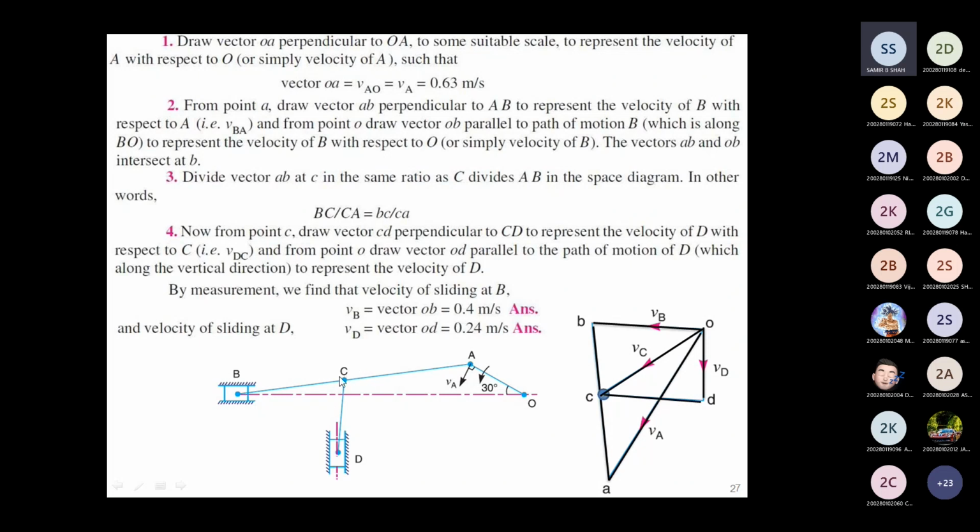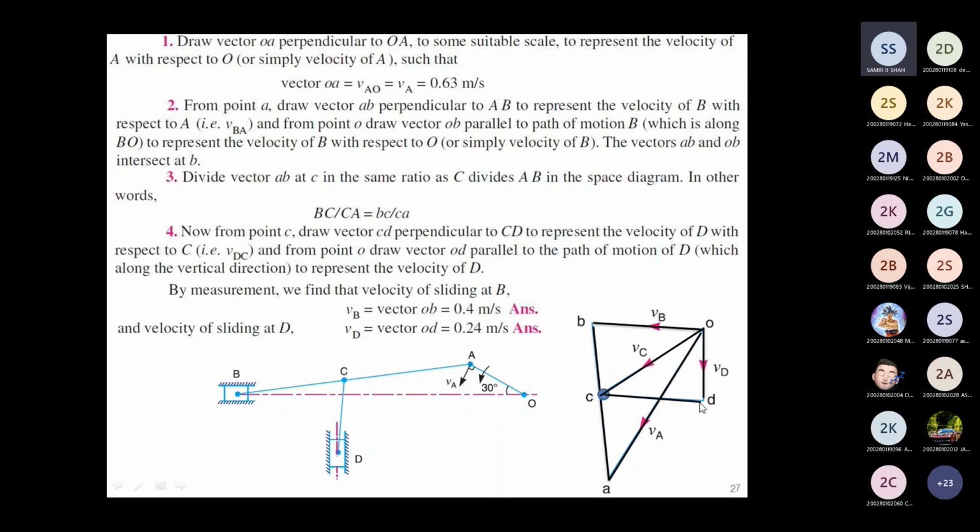Already getting point C. Now we have to draw the perpendicular line from C. So I draw the perpendicular line from C, from O, which may be perpendicular to this line.